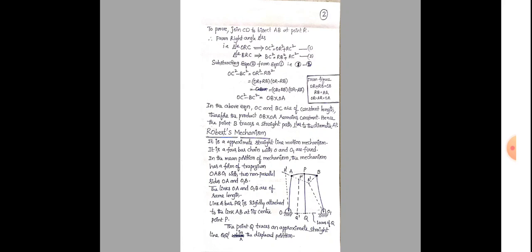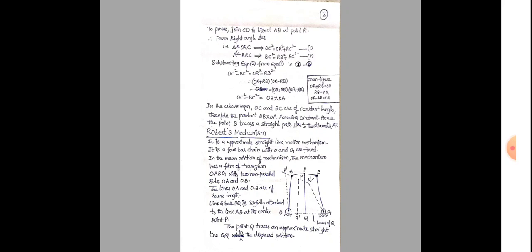So on applying Pythagoras for ORC, OC square is equal to OR square plus RC square. That you call as equation 1.